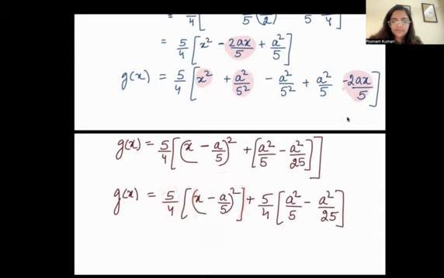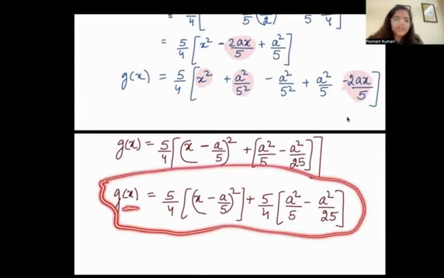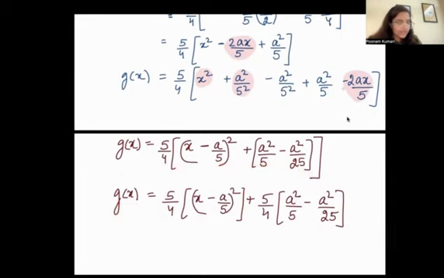So when does this square take the lowest possible value? When x is a by 5. And that is essentially the lowest possible value of this function as well, right? Because apart from a by 5, if you take any other value, this number is going to grow bigger only.